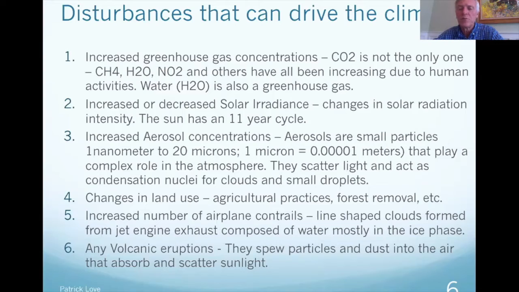But one of the most important roles they play is they act as condensation nuclei for clouds and small droplets. You may know that for water to condense, it likes to have something to condense on. The condensation process requires the water molecules to arrange themselves in a certain way, and they have a hard time doing that in free space. So typically, water vapor likes to condense on a surface.